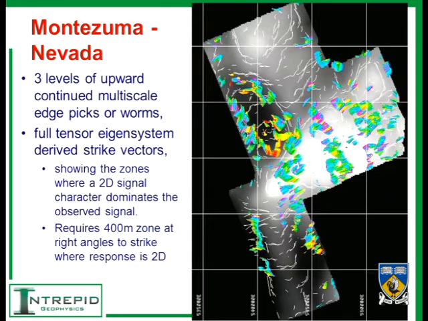That's the first layer. The second, all the colours and the little strike vectors, so each one of those little bars there are strike vectors. Now they're coming from a solution of the full tensor eigen solution, where I'm wanting to find those parts of the measured gravity gradiometry where the signal is 2D.